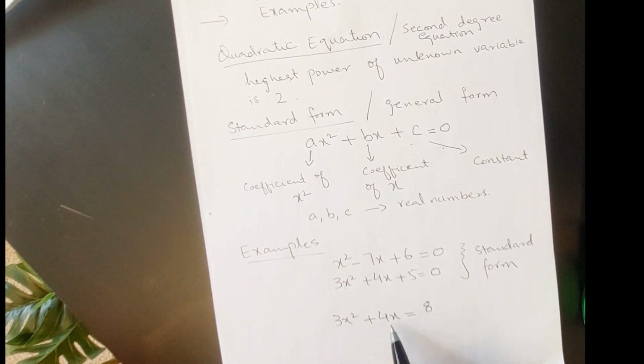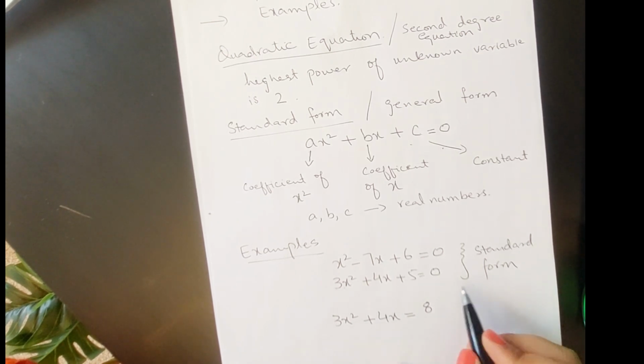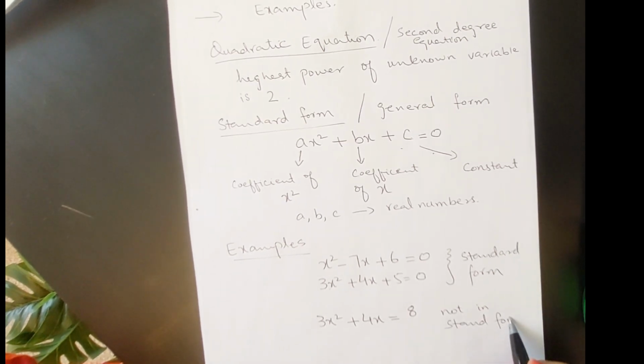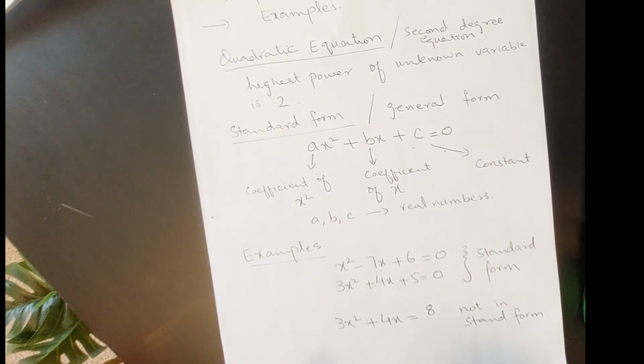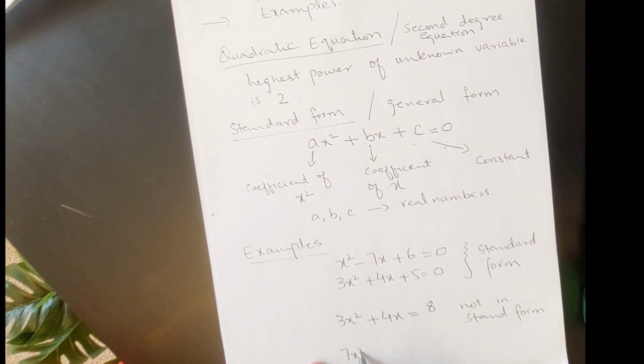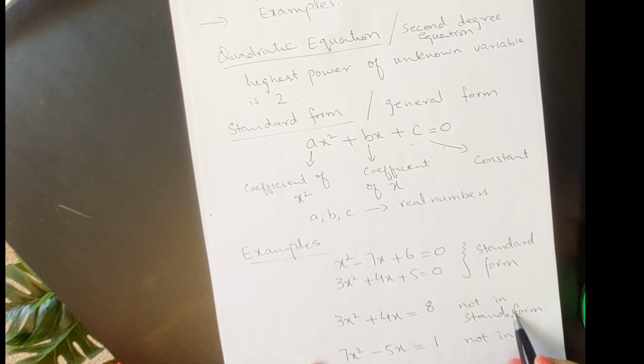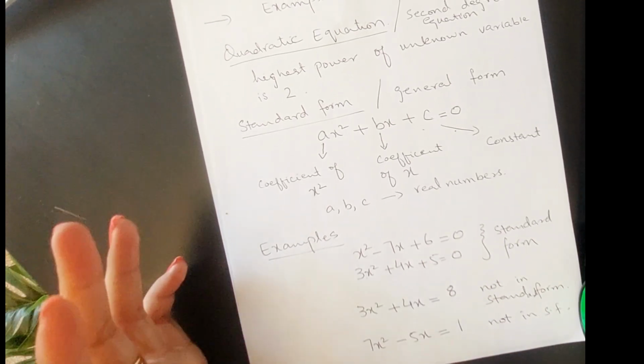So this is a quadratic equation, but it is not in standard form, right? Or we can write 7x square minus 5x is equals to 1. So this is also not in standard form, right? So these are not in standard form.